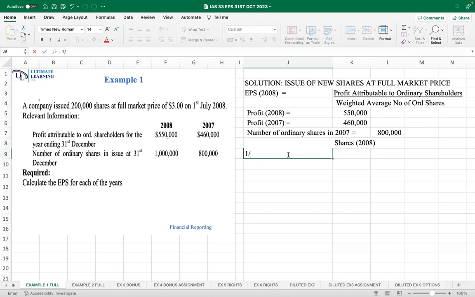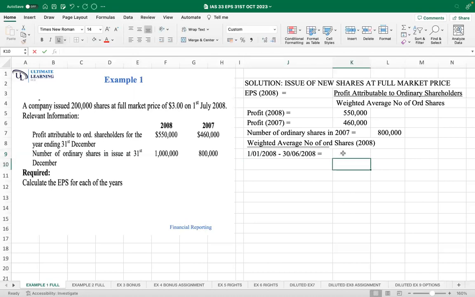So we'll write the first date of the year, 2008. We look at how many shares we had. Now, in this case, we are looking at 1st January 2008 to 30th June 2008. Why 30th June? The date just before new shares were issued.